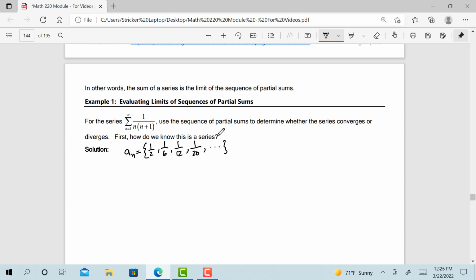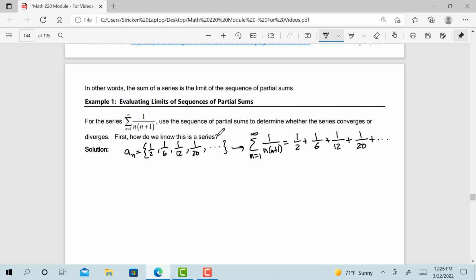And so those are the terms of the sequence, which means the series looks like this form. When we are talking about the series, remember that's just the sum of those terms. So the sum of 1 over n times n plus 1 is 1/2 plus 1/6 plus 1/12 plus 1/20 plus ... And the question is, does that actually add up to something?